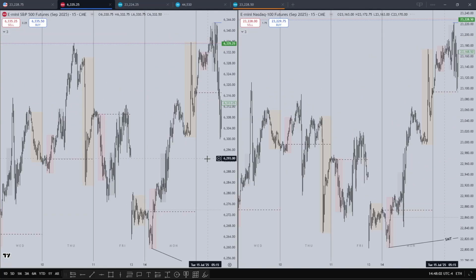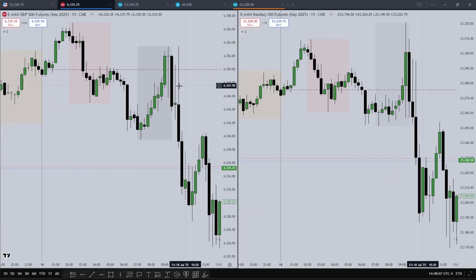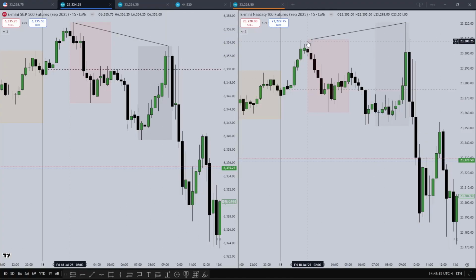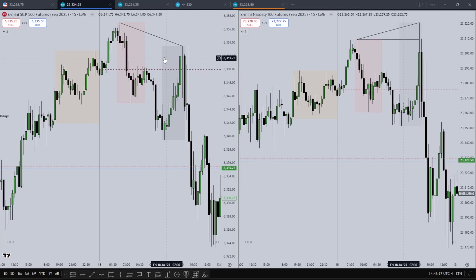Let's see the Friday, what we have seen. Friday, we can see that price has made a clean SMT with the highs from London. Before the 9:30 open, price has already taken the liquidity right there, and then went aggressively lower.